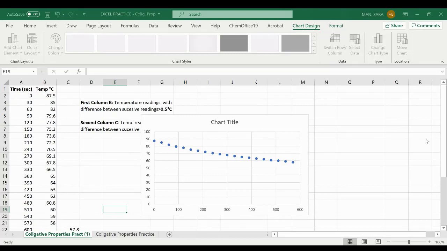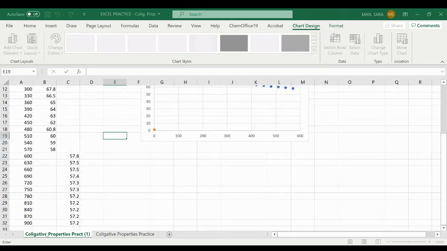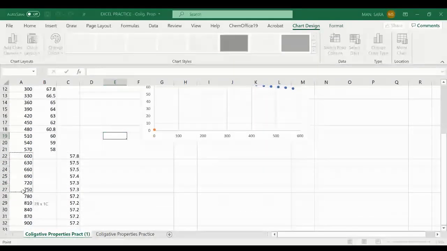Then I have to do the same for the second part. So I click on add again. I click on X, and I will do the last part of the curve.